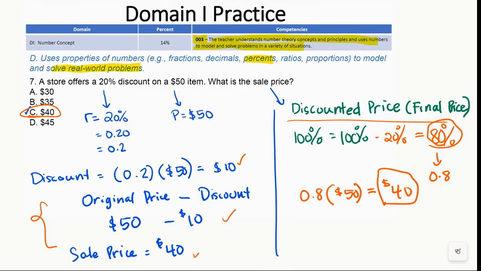Of course we care about the discount, but sometimes what we care about is the final, discounted price. So 85% of $100 is $85. Although they said 20% discount, you can go directly to the process. Use the 80% times 50. You got $40. Okay.